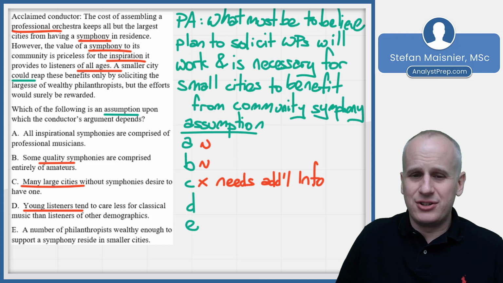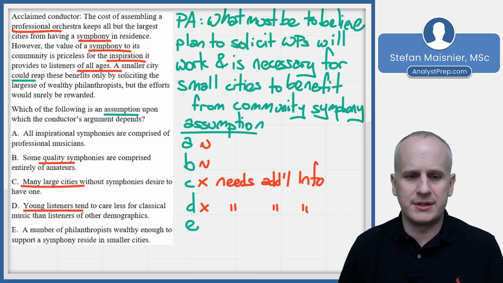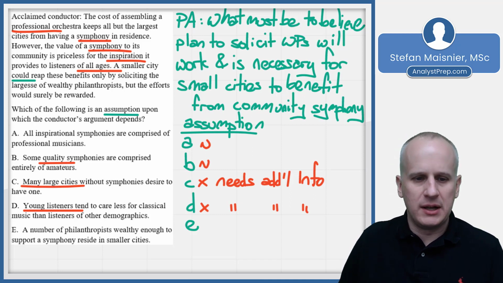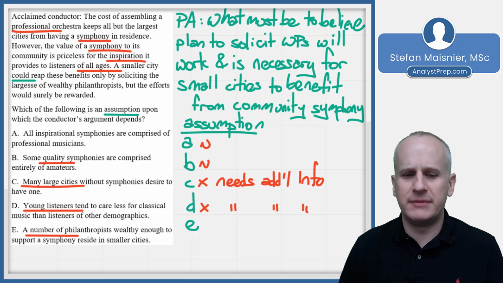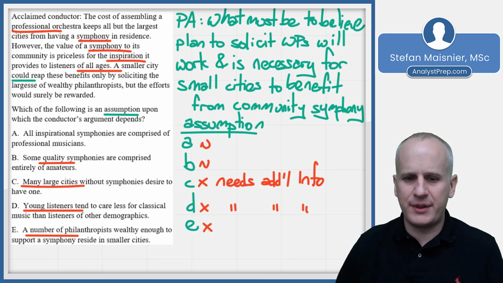It says listeners of all ages, but we don't care to call out specifically young listeners, at least according to the argument. So that too would require additional information, and we can eliminate choice D. And then a number of philanthropists wealthy enough to support a symphony reside in smaller cities. Well, a number. What number? Is it one? Does this person want to give to a symphony? I have more questions than answers from choice E, so that too can be eliminated for needing additional information.